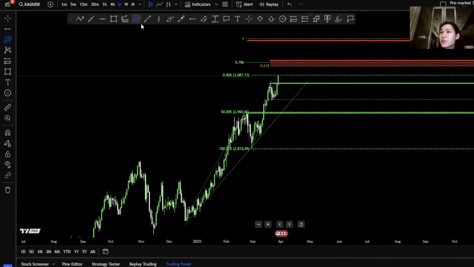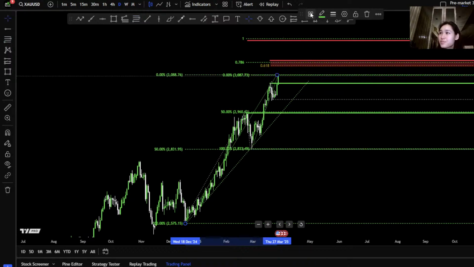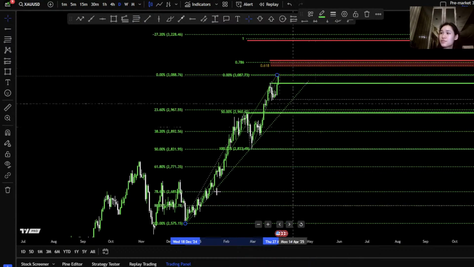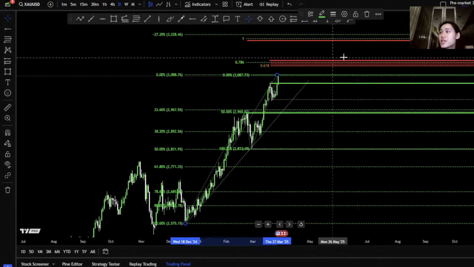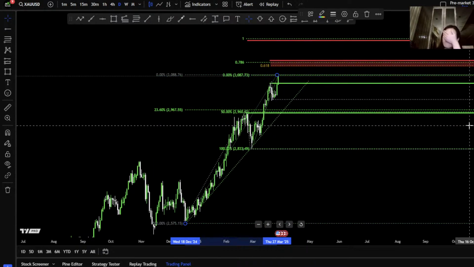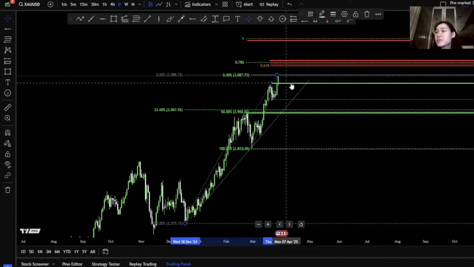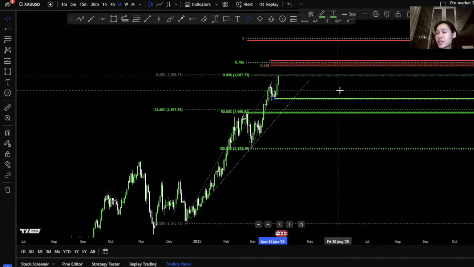Okay, I might go in with another retracement here. Okay, that 23.6 sits nicely on the second support as well. Okay, I might actually place this first support over here instead.